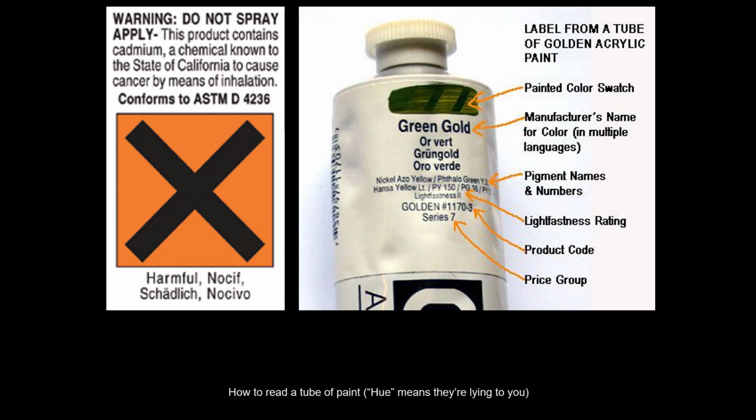So while we're also looking at how to read a tube of paint, you can see the lightfastness rating there. A lot of times it'll be done as Roman numerals. Sometimes it'll be stars. Every now and then it'll be A, B, C, D. But generally speaking, you want to get paint that is as lightfast as possible. The price group label here is talking about how expensive that pigment is. That is different than what we were talking about when we were talking about artist grade or student grade.